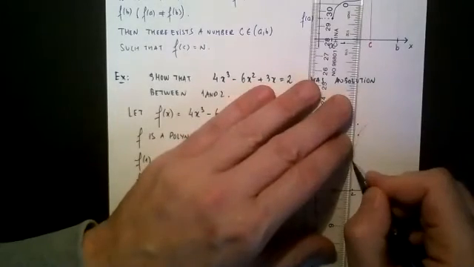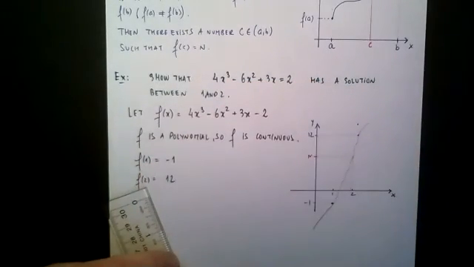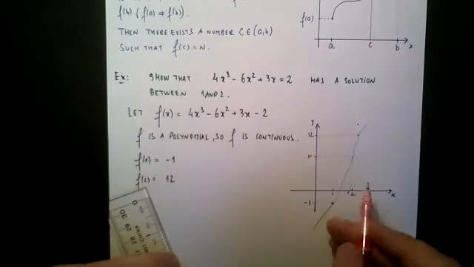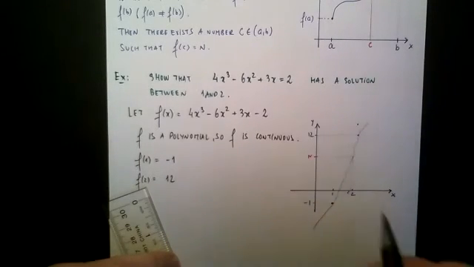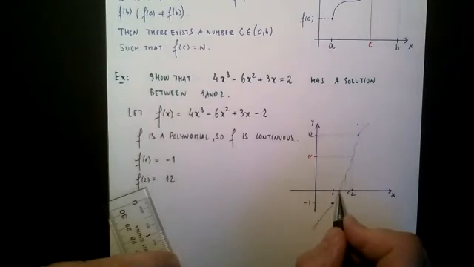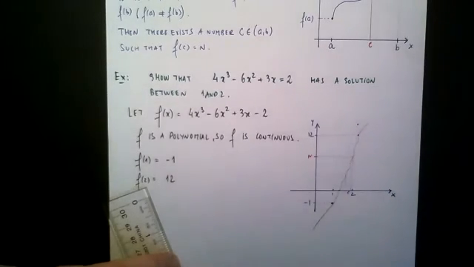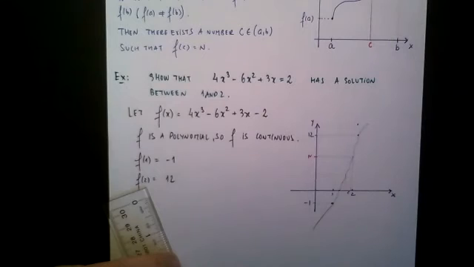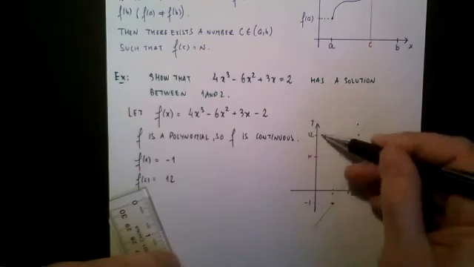Since all of them have a source inside this interval, 0 also has a source right here. You understand? Because 0 is also between -1 and 12.